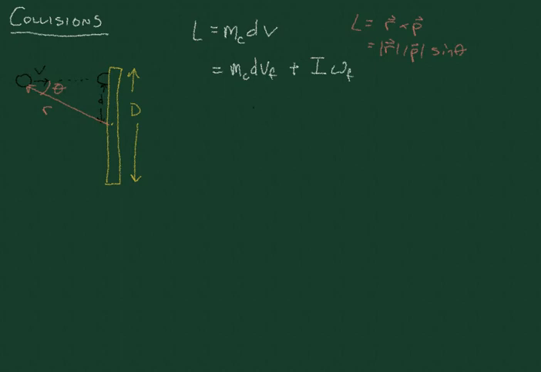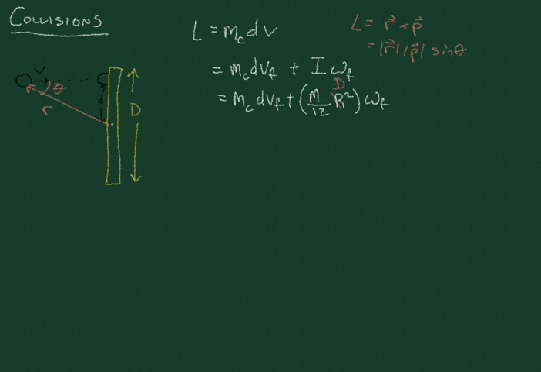And so we see that this is the mass of the clay times d times v final plus the moment of inertia, which is mass of the rod divided by 12 times D squared. Actually, sorry, we don't even need to do, so the mass of the clay times r squared times omega f, and r squared in this case is d, so we could have substituted that in here. This is d.